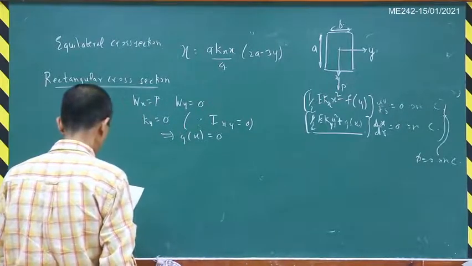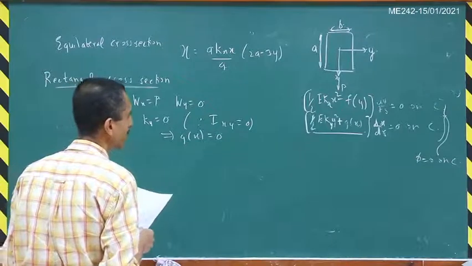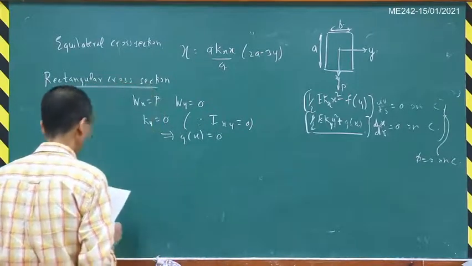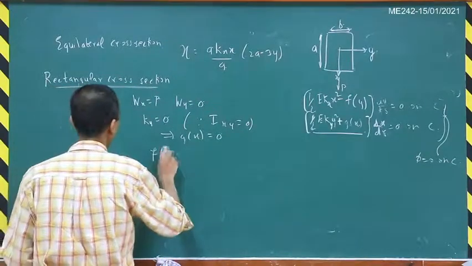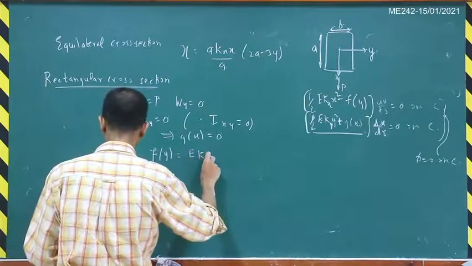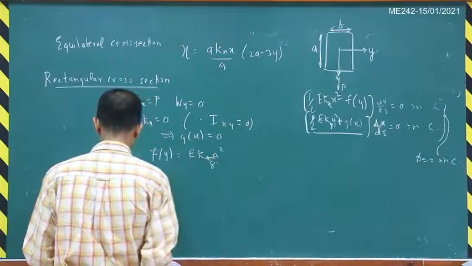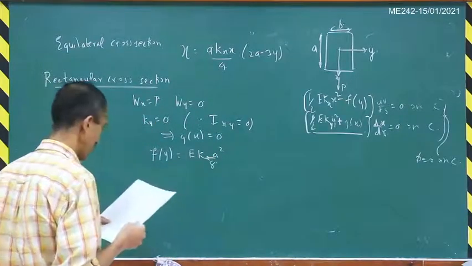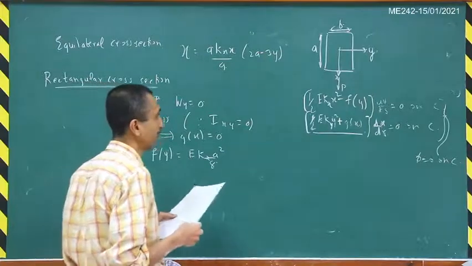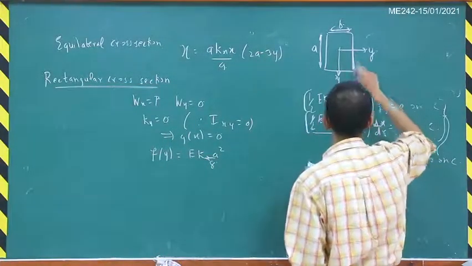And then the f of y is quite an interesting case here. So this f of y, you can take it as e times kappa x times a square divided by a.